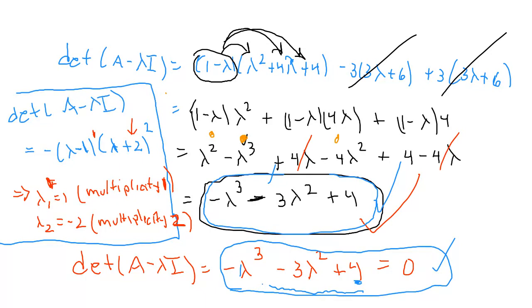In your homework, for characteristic polynomials of second degree, you can use the quadratic formula to get the roots. But for characteristic polynomials of third degree, fourth degree or higher, they don't ask you to find the eigenvalues.